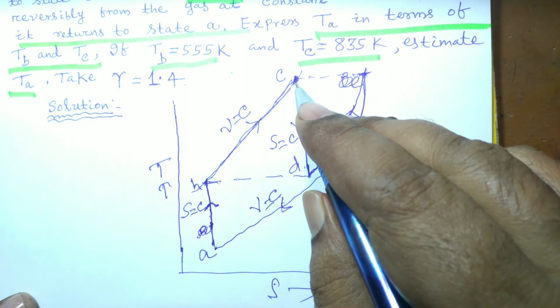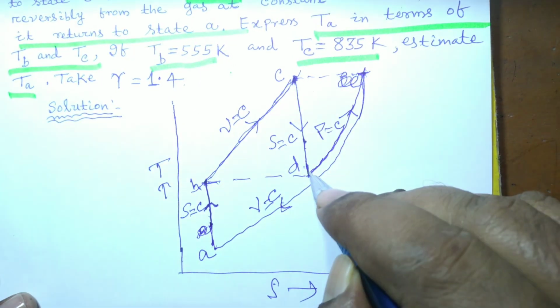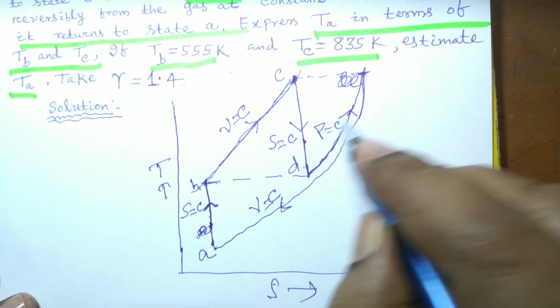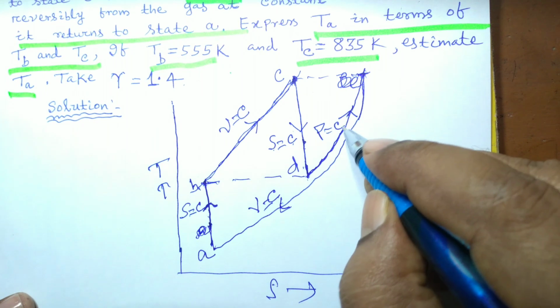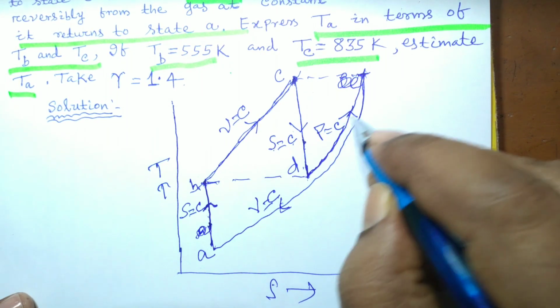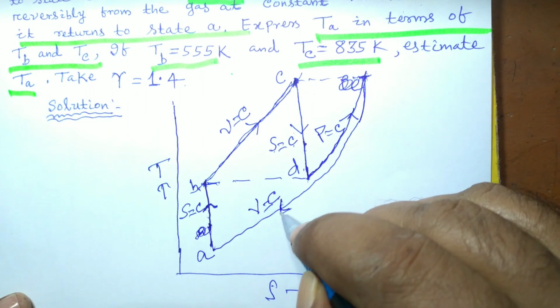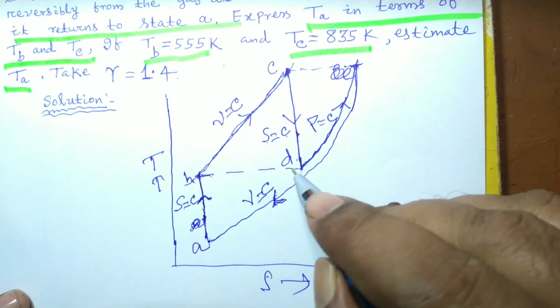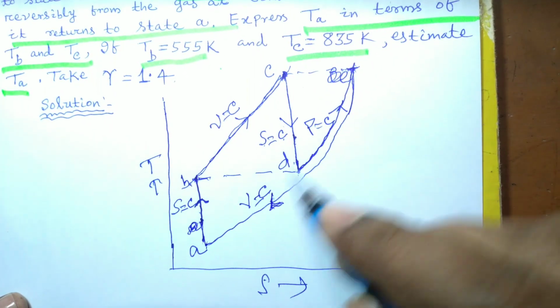BC is constant volume heat addition. CD is again an adiabatic expansion, an isentropic process, entropy is constant. Then DE is the constant pressure heat addition process, and EA is a constant volume heat rejection process. So now this is a cycle.